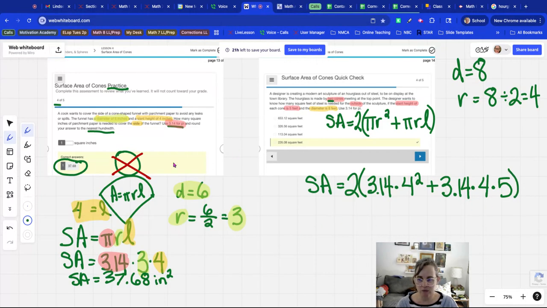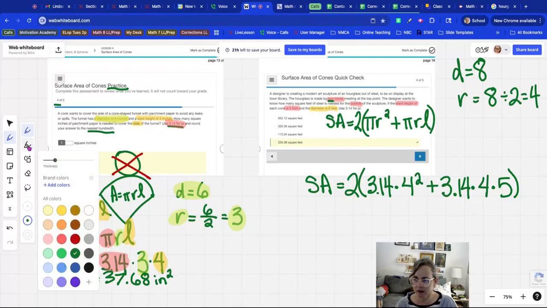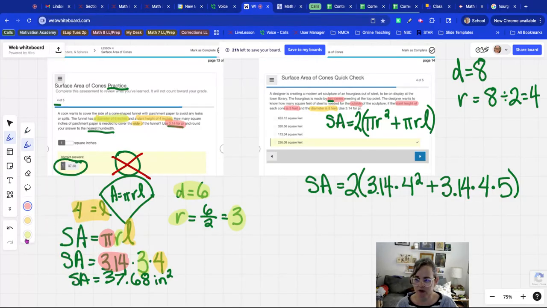Yikes, look at this. We have so much stuff to do here. Okay, really quickly, let me just show you where all the numbers are coming from. So it said the slant height is the 5 feet. That's here. That's L. Okay, the radius I had to figure out, the diameter was 8. That made the radius equal to 4. Okay, and there are 2 times in the formula where I need the radius.